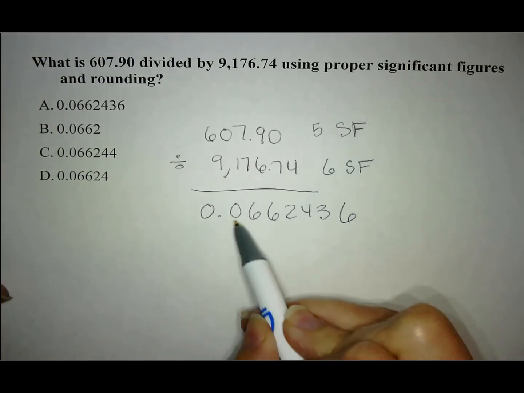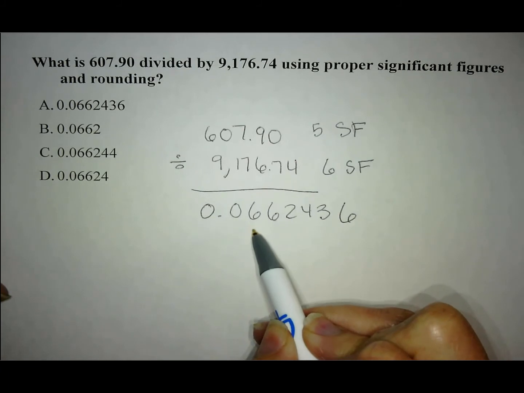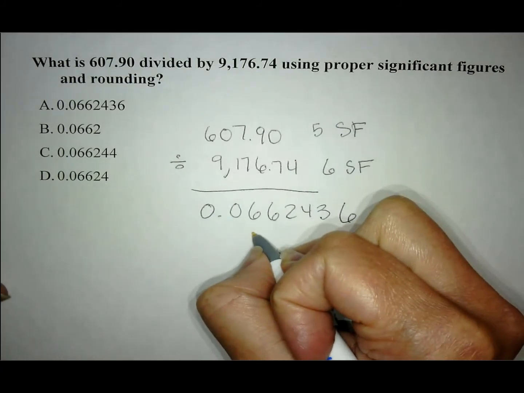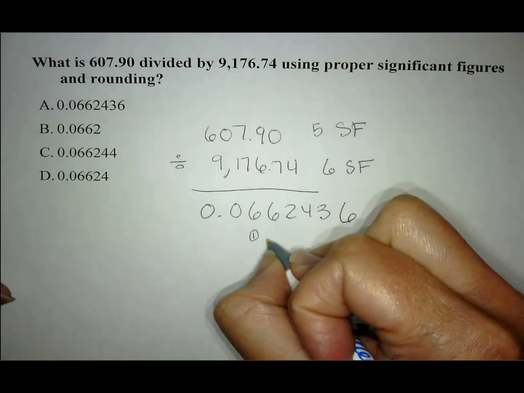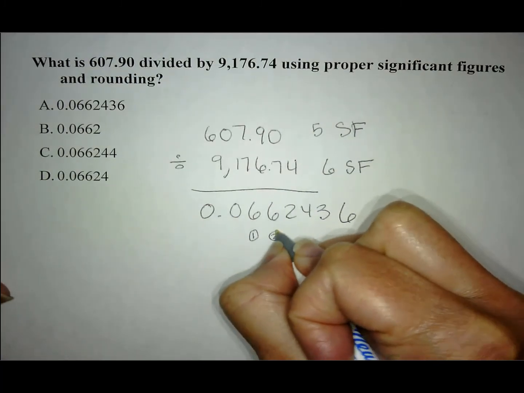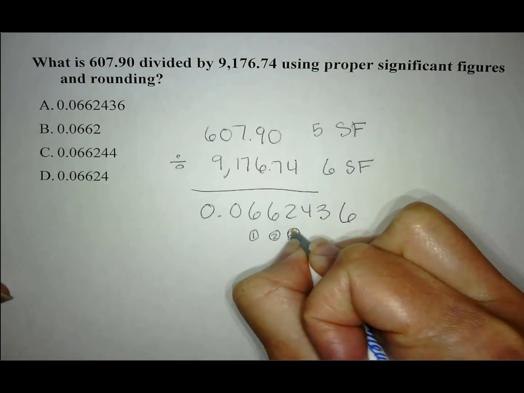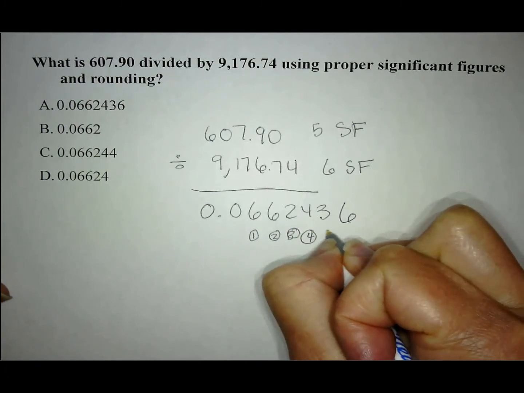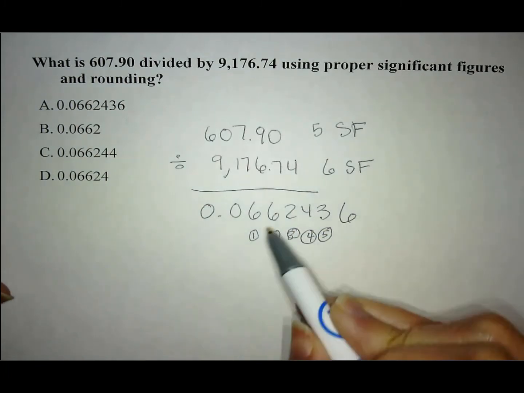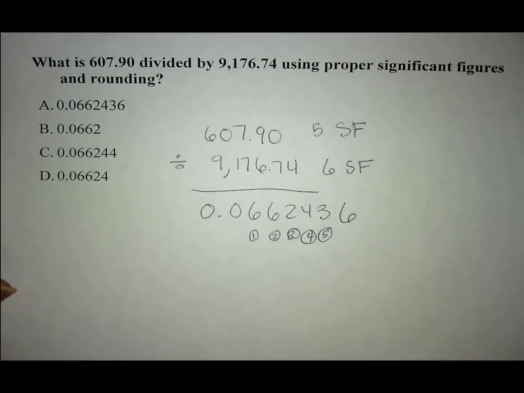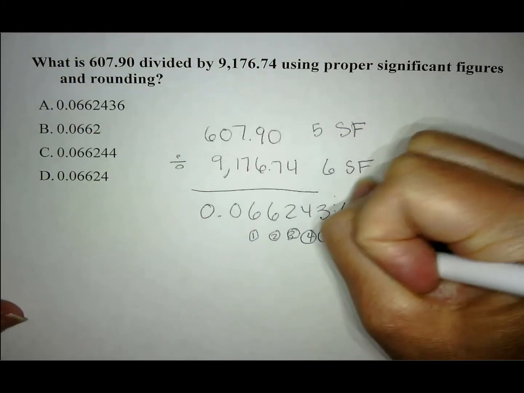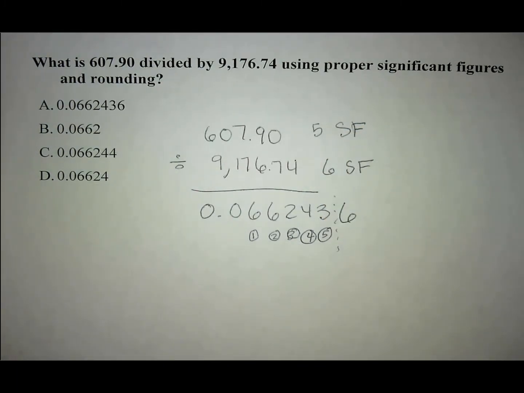So neither of these zeros is significant. Our first significant digit is this 6. So we're going to count 5 significant figures. So 1, 2, 3, 4, 5. Our fifth significant figure is this 3 towards the end of what I've written. So we're going to cut it off after that 3.